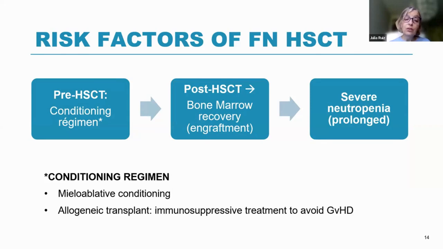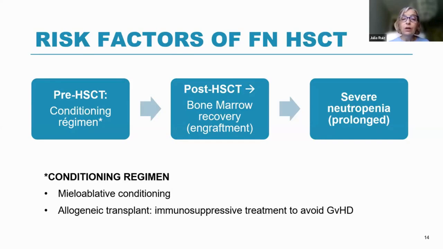Also, with the allogeneic transplant, something that doesn't happen in the autologous, we have to use immunosuppressive treatments to avoid graft versus host disease, such as cyclosporine or corticosteroids or different medications that we use as immunosuppressives. So this is also going to make our patients more myelosuppressed.